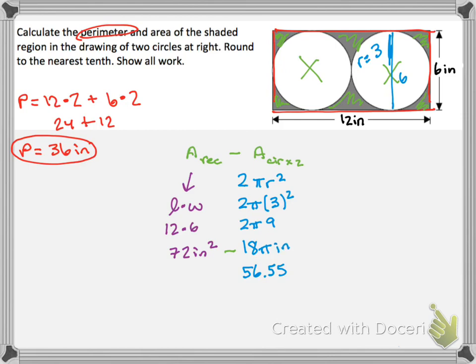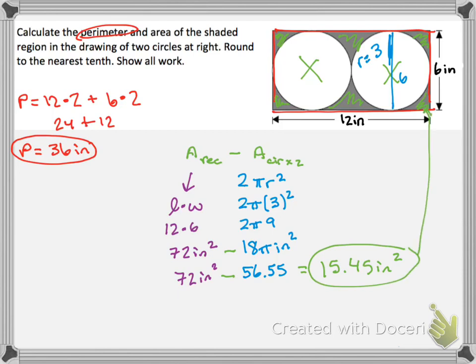So we still have inches squared here, and we have my 72 inches squared here, and we are still subtracting those. So when we subtract them, I have 72 and I'm subtracting 56.55, and I get 15.45 inches squared as my shaded region up here.